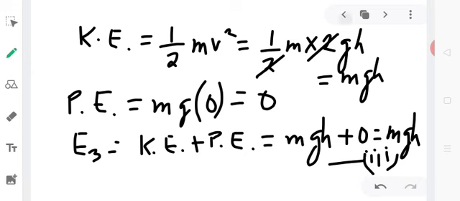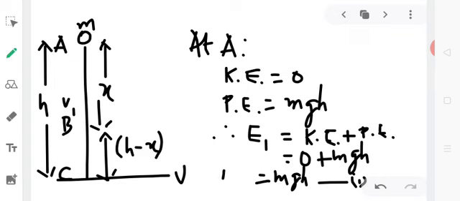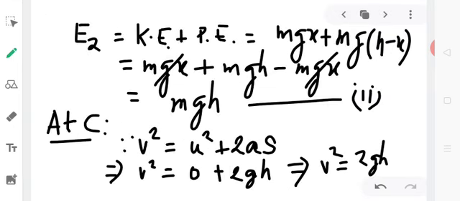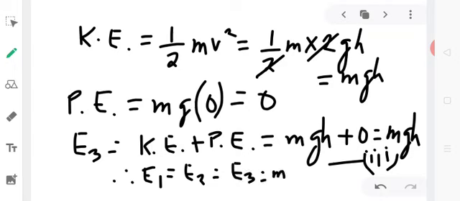So from equation number 1, equation number 2, and equation number 3, we find that E1 is equal to E2 is equal to E3, and that is equal to mgh. That is, total energy of the body during free fall remains constant at all positions.